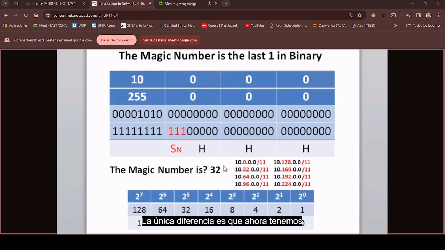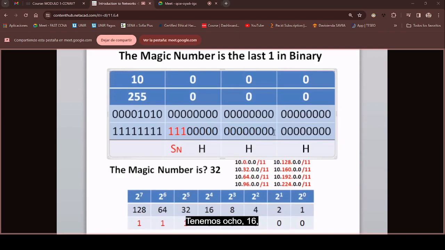The only difference is now we have a lot more host addresses. We have 21 zeros for hosts, which means there's over 2 million hosts per subnet. For instance, if we take a look at this 10.192.0.0 subnet, the next subnet is 10.224.